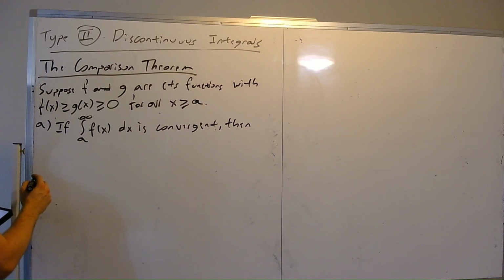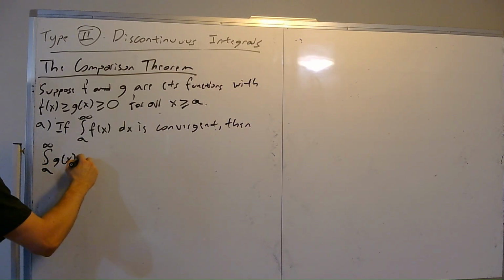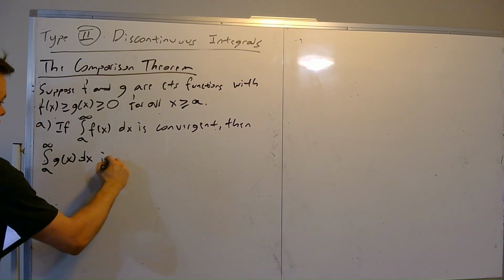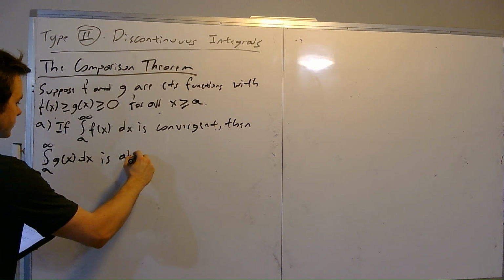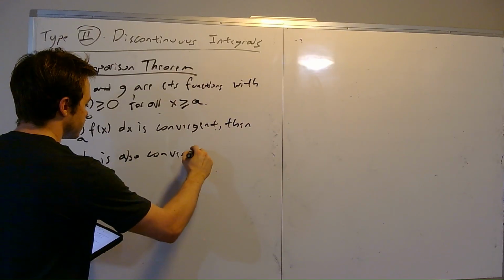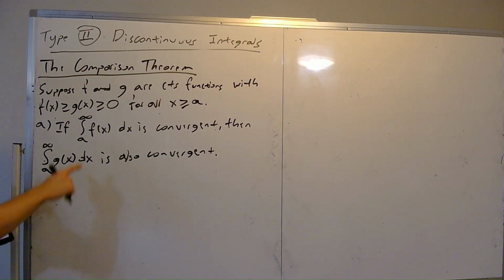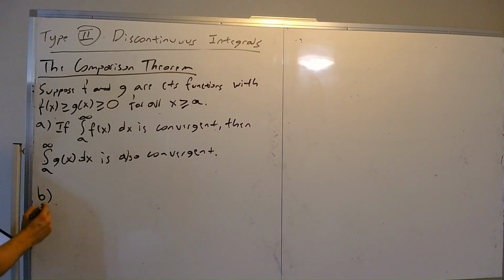So the answer here is then the integral from a to infinity of g of x dx is also convergent. Right? So g of x is a smaller function, so if the bigger one is convergent, then the smaller one is also convergent.